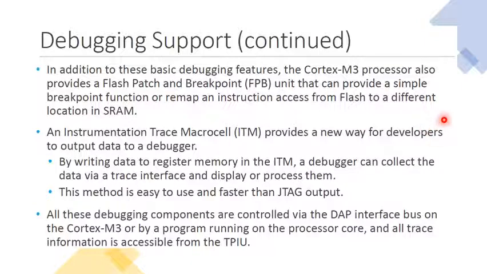Then one more feature is using the RAM. In addition to the basic debugging feature, the Cortex M3 processor also provides a flash patch breakpoint unit that can provide a simple breakpoint function or remap an instruction access from flash to a different location in SRAM.